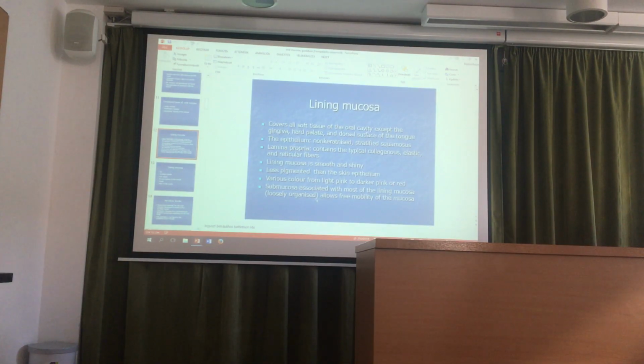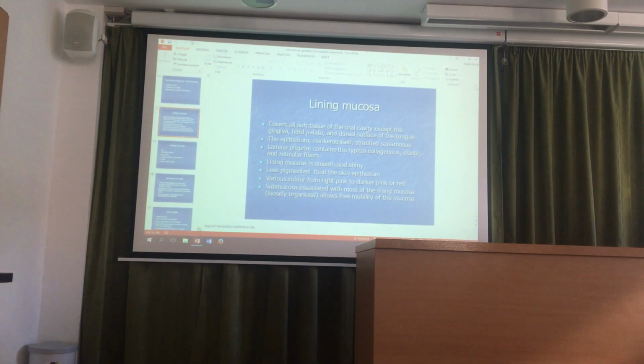The submucosa associated with most of the lining mucosa is loosely organized, allowing free mobility for the mucosa. When you're eating, swallowing or speaking, it has to be mobile. But the gingiva and the hard palate, the masticatory mucosa, have to be fixed because of the eating and chewing effect; it must not be mobile.